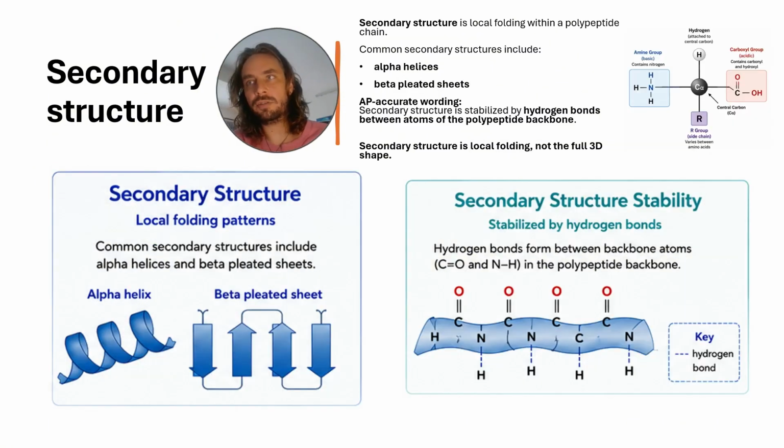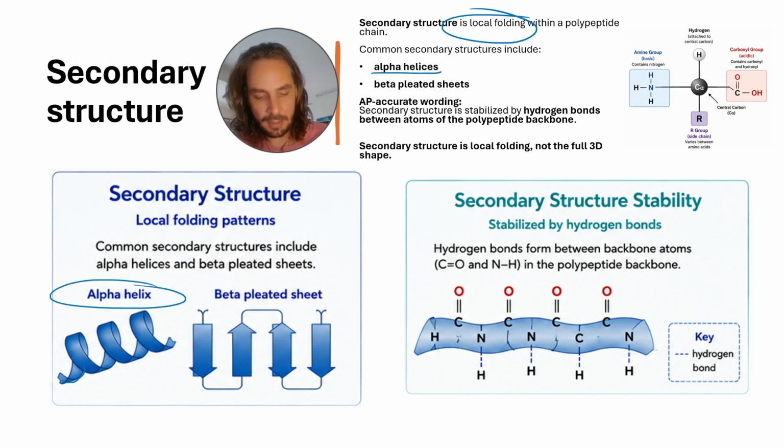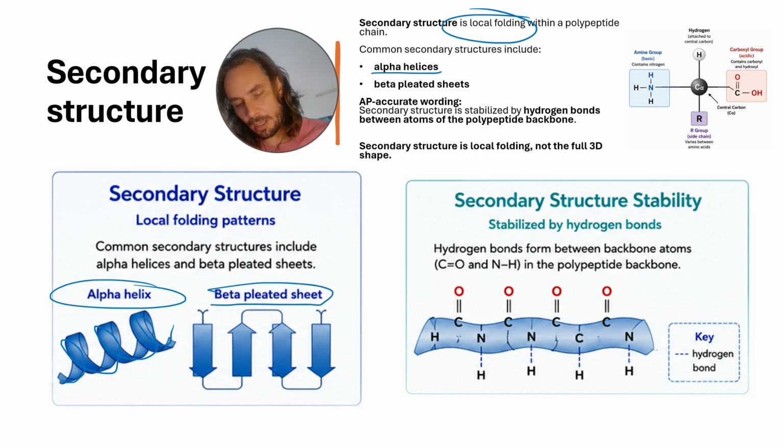The secondary structure is to do with local folding. And the local folding forms structures like alpha helices, these twisty-like structures, and beta pleated sheets. Now, what is important here is that the secondary structure has to do with this N terminus and the C terminus and how they interact with one another.